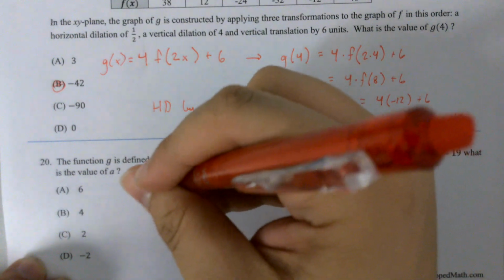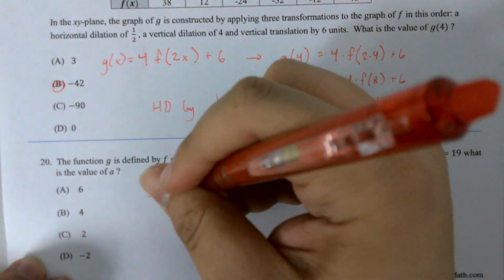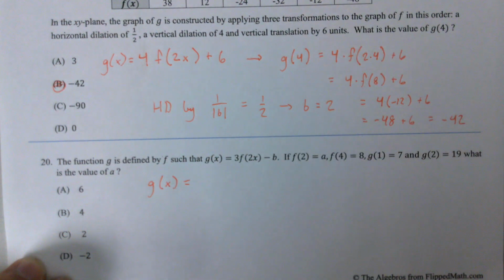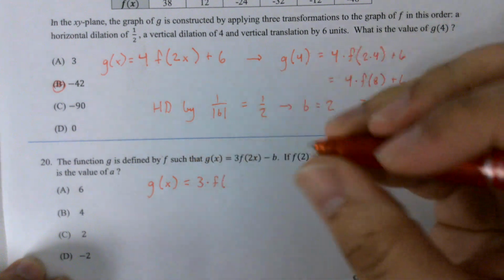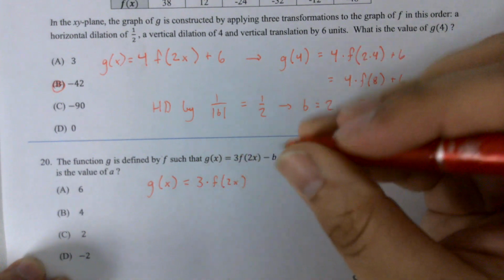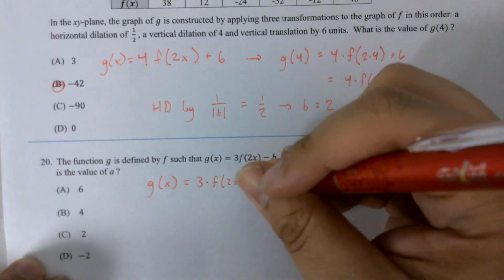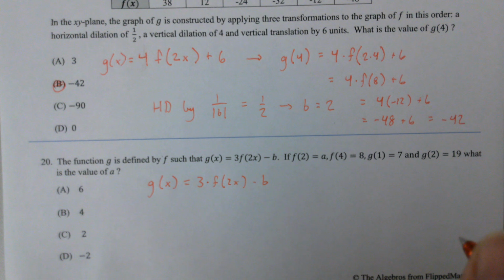So we know that our information, and this is how you work this on an exam. You just kind of see what information you're given and see what you can figure out using the information that you're given. So we have 3 times f of 2x minus b. Okay. So we want to find the value of a.